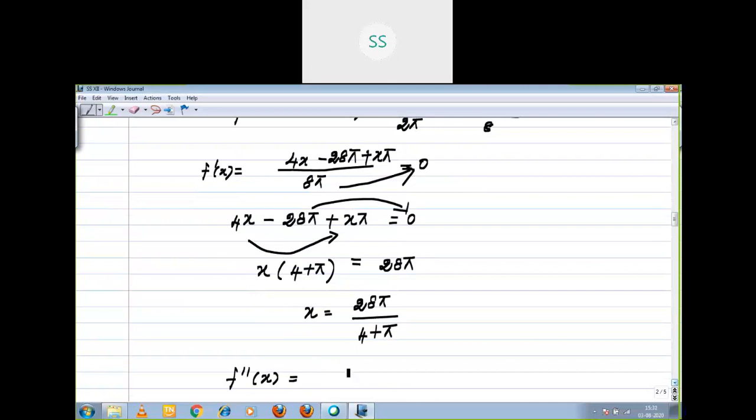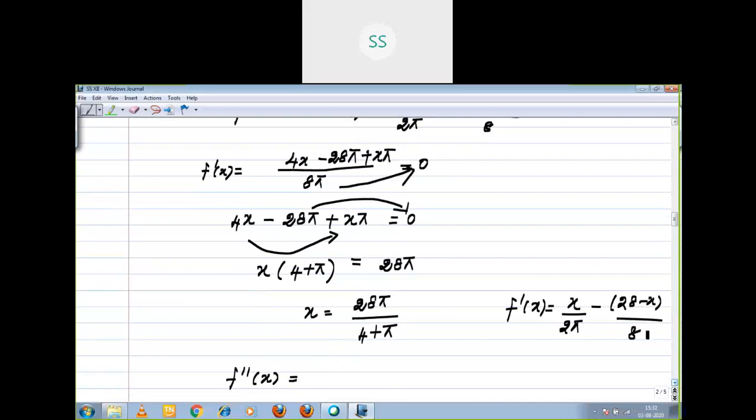What is your first order derivative? x by 2 pi, right? If you want, you write it here. For your convenient purpose, f dash of x equal to x by 2 pi minus, yeah, 28 minus x divided by 8.